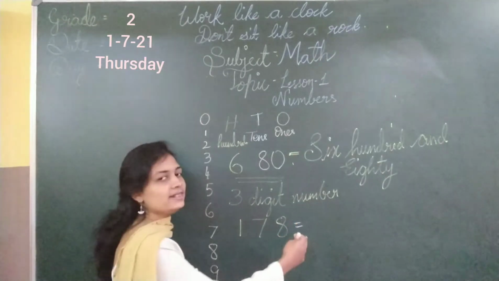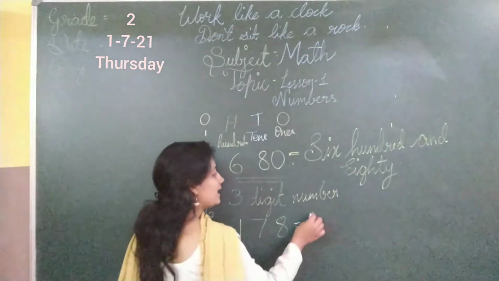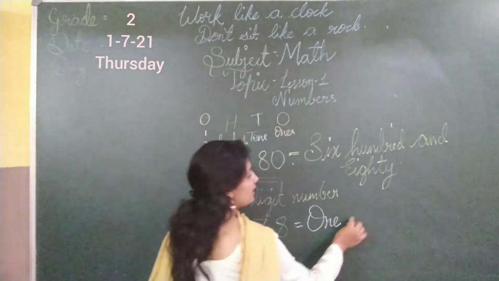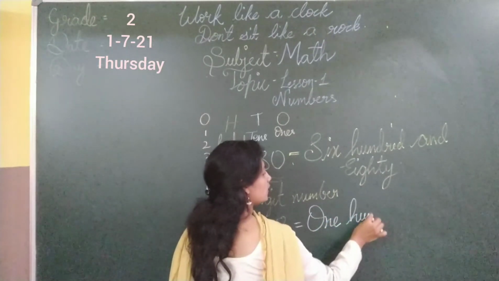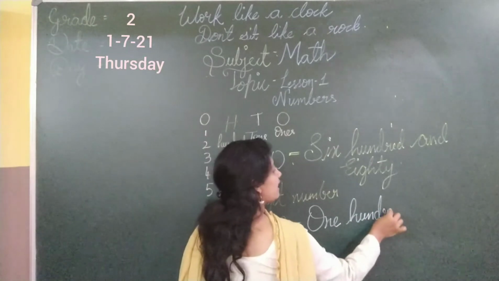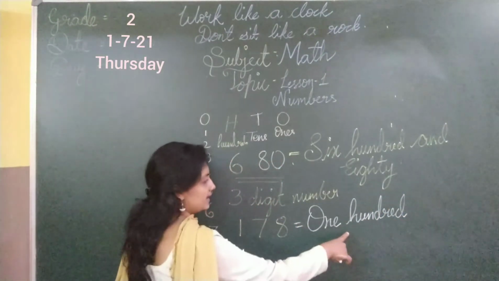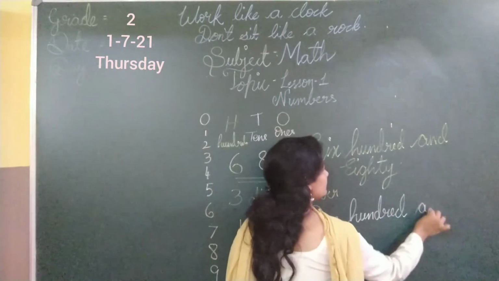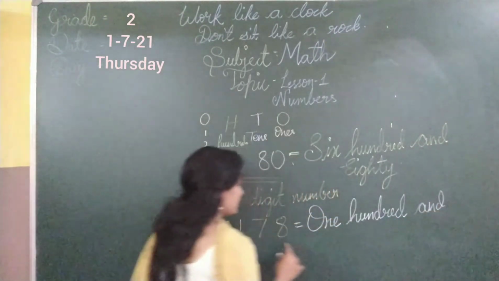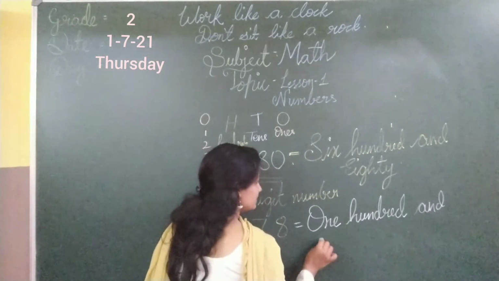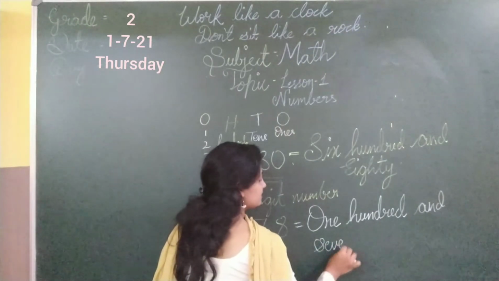The same thing we write in spelling here. 100: O-N-E, H-U-N-D-R-E-D. 100. And what do you have after 100? 78.